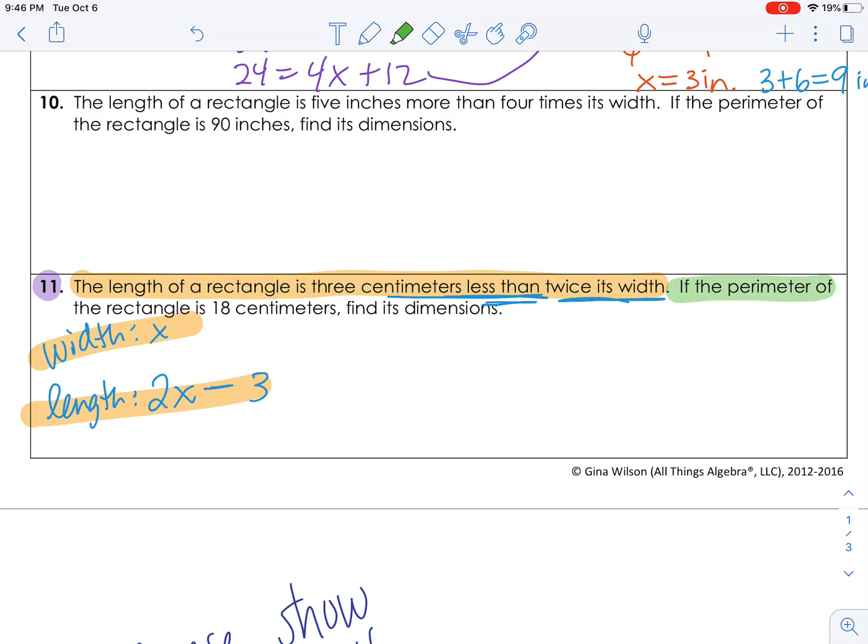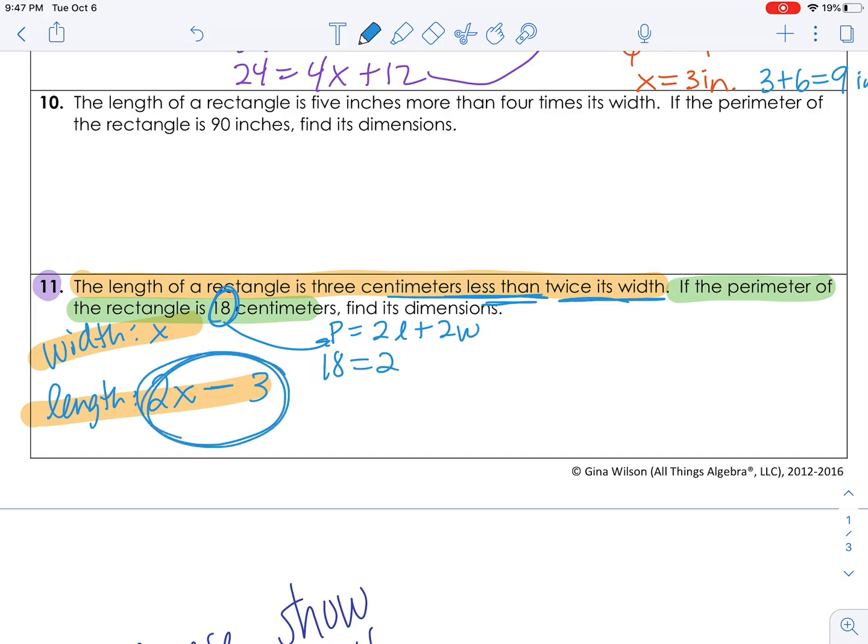We're going to use the next sentence in order to write our equation. We need to remember to record this inside the perimeter equation, the formula for perimeter. This time it tells me the perimeter is 18, so 18 is going to go in for P. 2 stays 2. L is 2x minus 3, so I need to open a parenthesis and put 2x minus 3 inside.